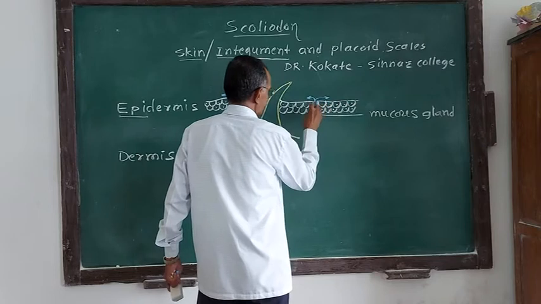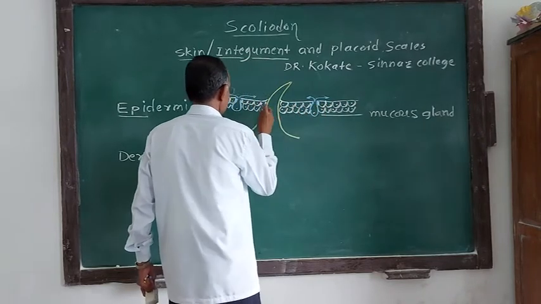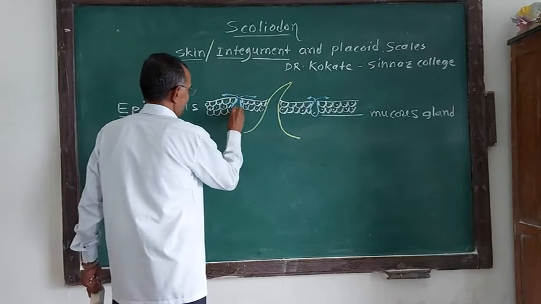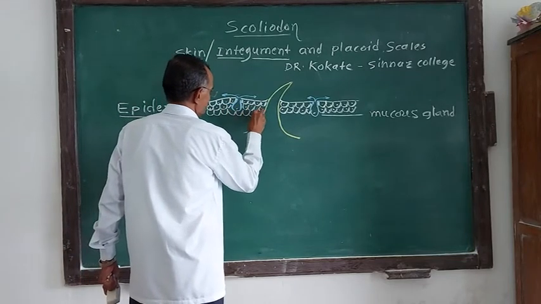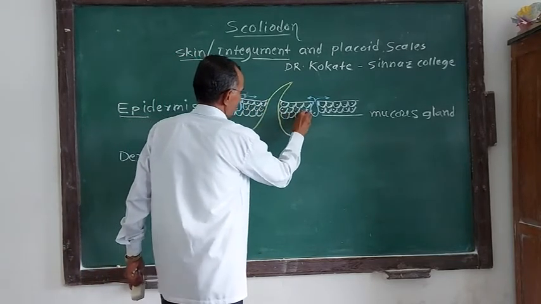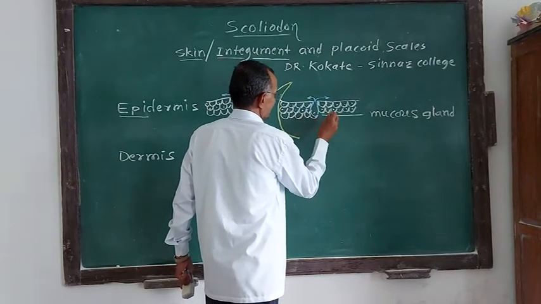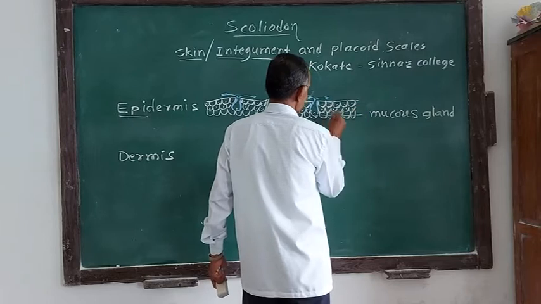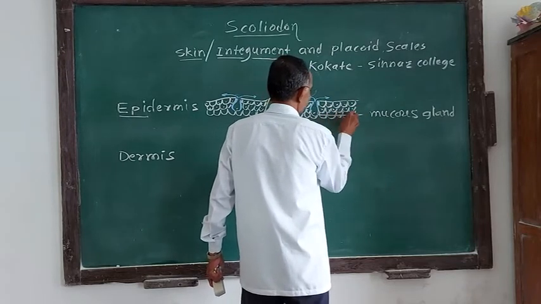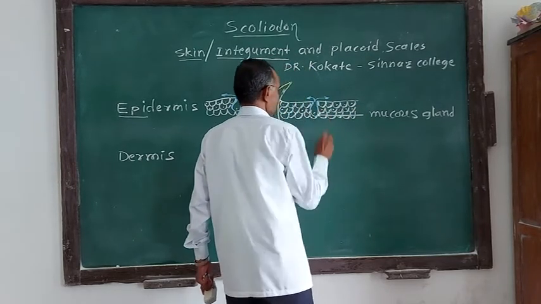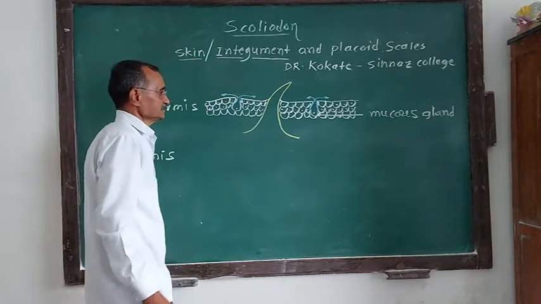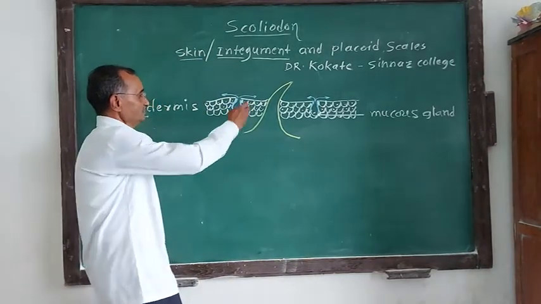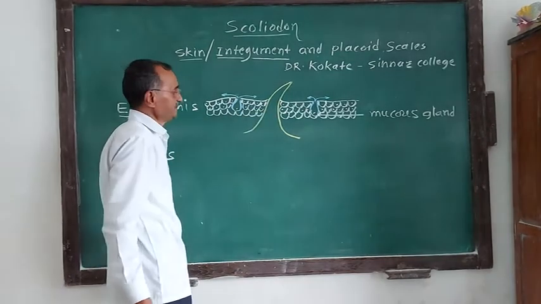These are epidermal cells, and the epidermis consists of many such layers. This is the unicellular mucous gland. Now, through the epidermis, this spine projects out.